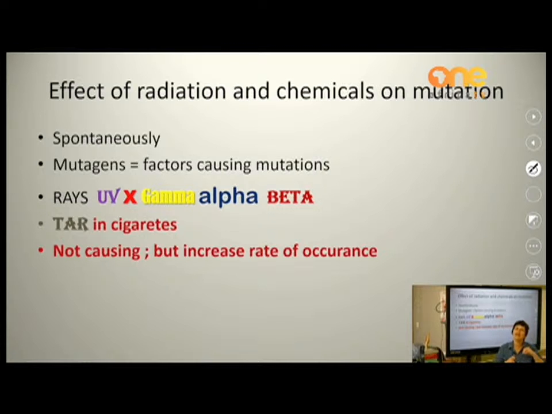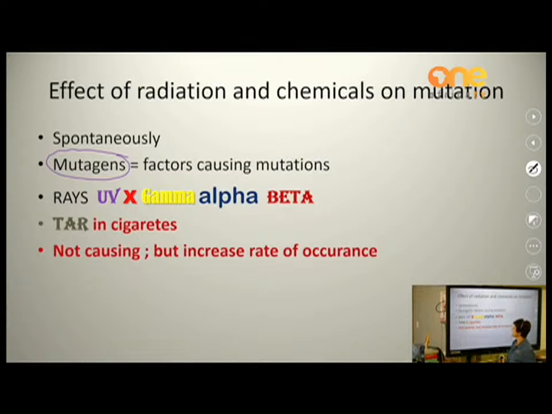When something can cause cancer, we say it's a carcinogen. You remember that word. But if we look at other things that can cause mutations, and it is a spontaneous reaction that takes place, we say mutagens are factors that cause mutations.